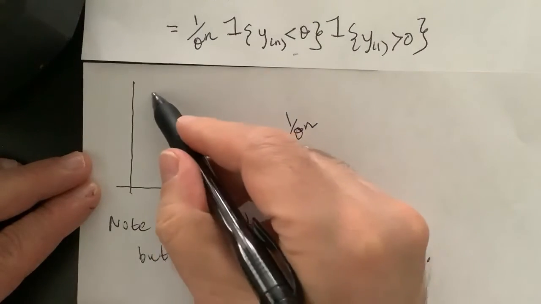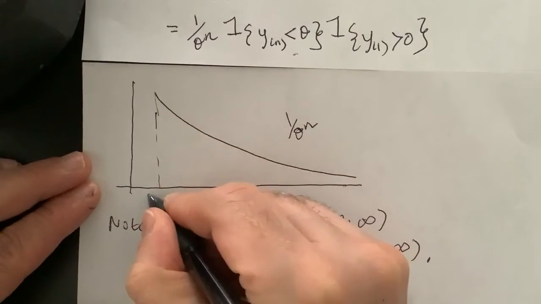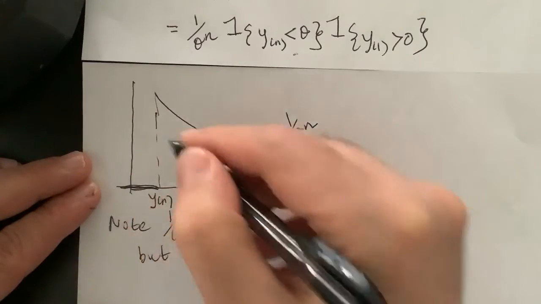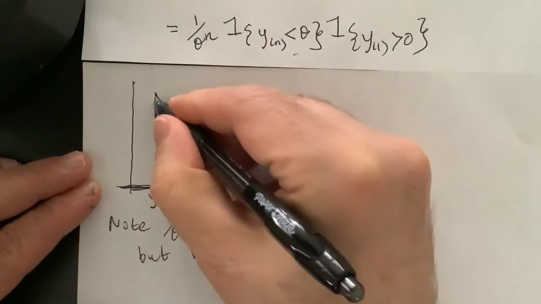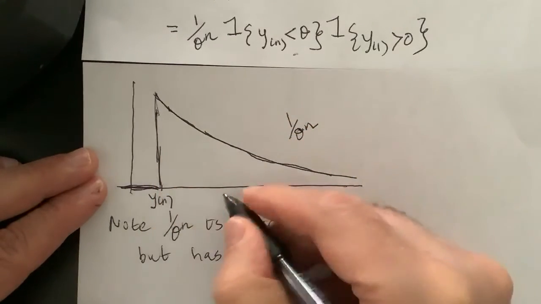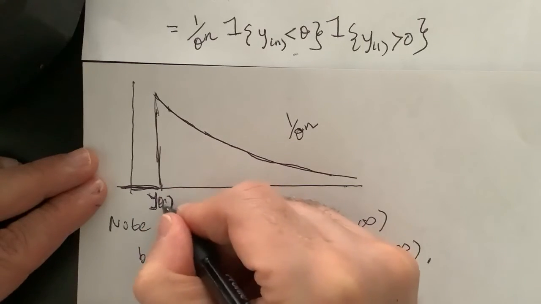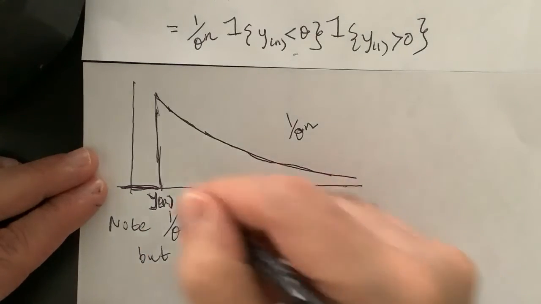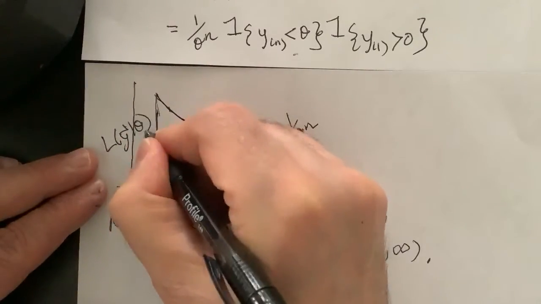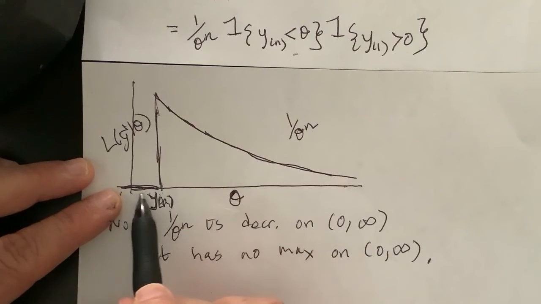So if this is yn, the likelihood would be 0 here, then it would jump up here. So you cannot have a theta here. If this is theta, and this is just the constant value yn from the sample, this is a picture of the likelihood function L(y; theta).